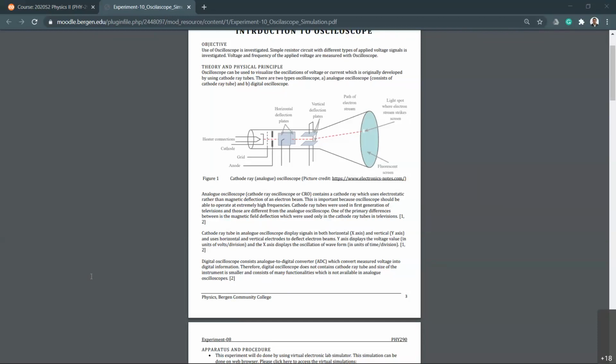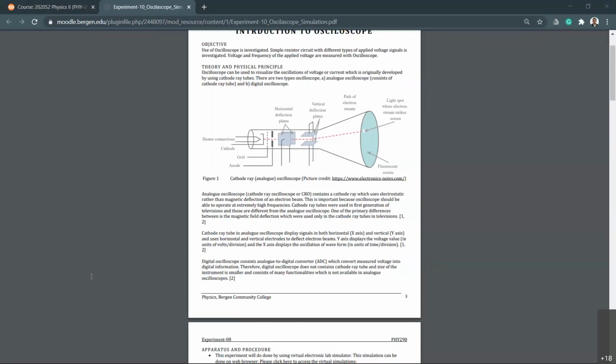Not only that, a digital oscilloscope can give you more control than the analog. For example, an analog oscilloscope has only 2 input channels, and a digital oscilloscope can now have even 4 or 8 input channels directly. So that is a really good added advantage.